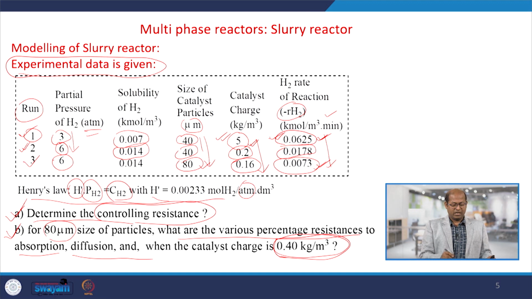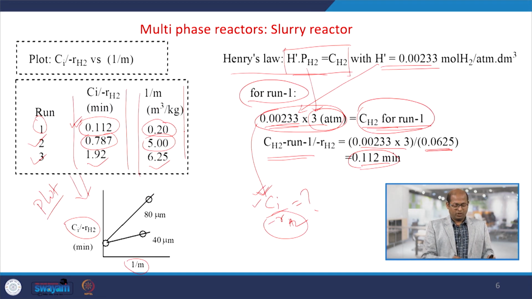Here see run 1 and 2, those are the 40 micron particles. If we plot these values, 1 by M for run 1 is this, and 1 by M for run 2 is this. If we plot 4 points, then for 40 microns it is coming like this, and for 80 micron particles it would be like this.